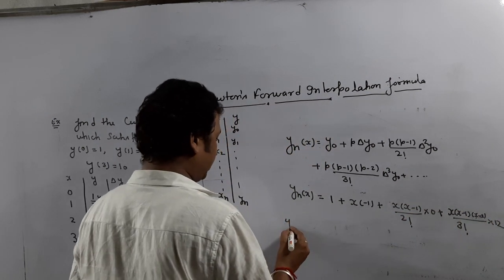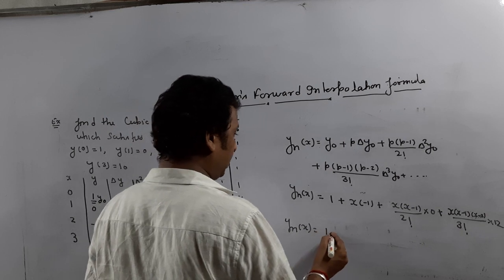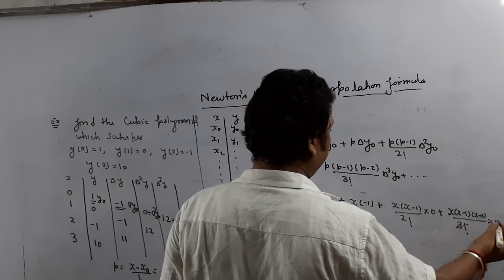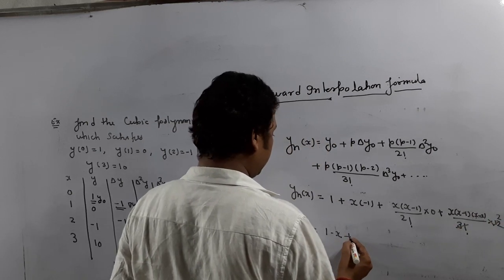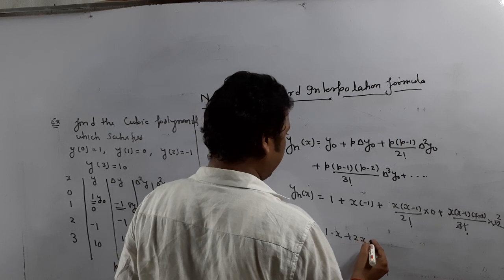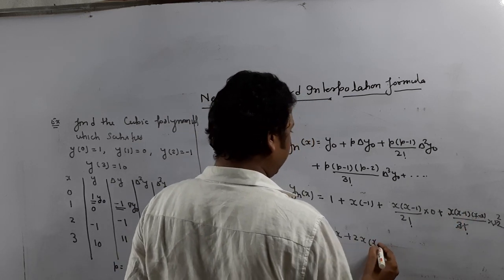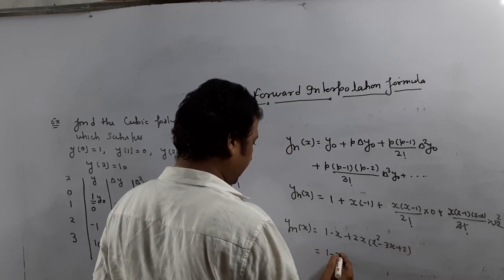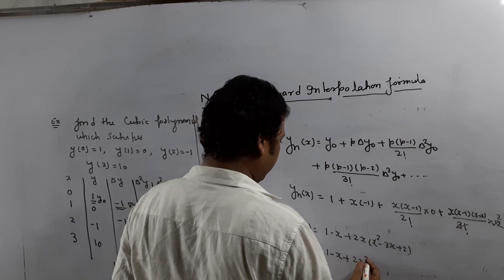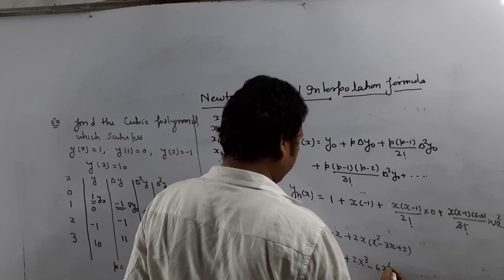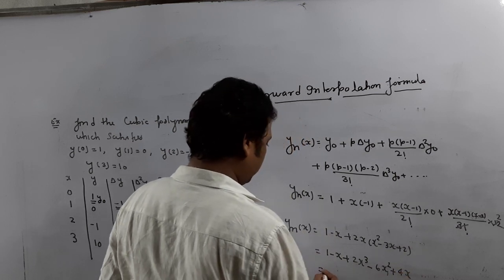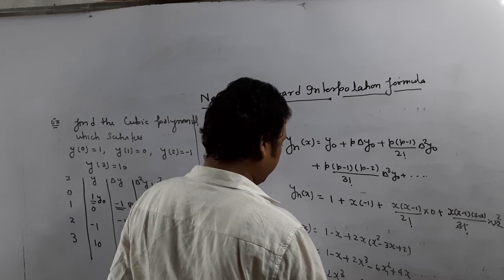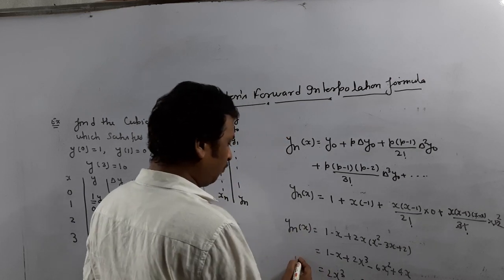So y of x is 1 minus x, plus 0, and 3 factorial means 6, 12 by 6 is 2, plus 2 (x minus 1)(x minus 2), which is x square minus 3x plus 2. So finally it is 1 minus x plus 2x cube minus 6x square plus 4x. So what is the answer? 2x cube minus 6x square plus 3x plus 1. This is your y of x.